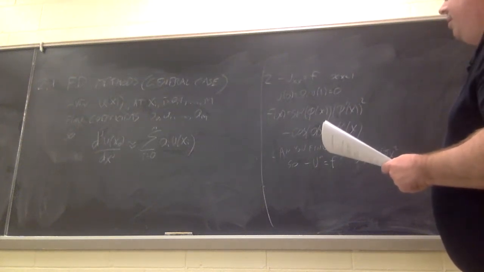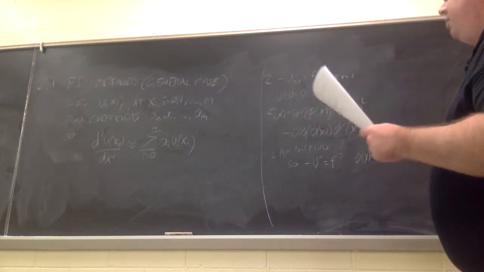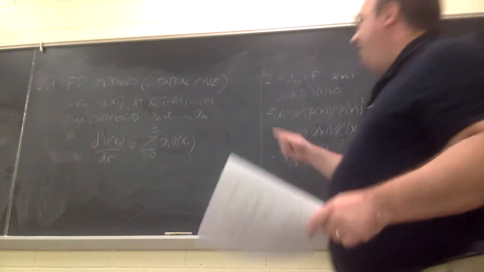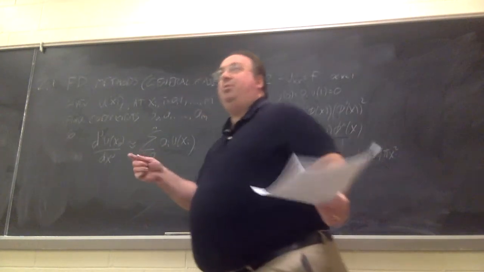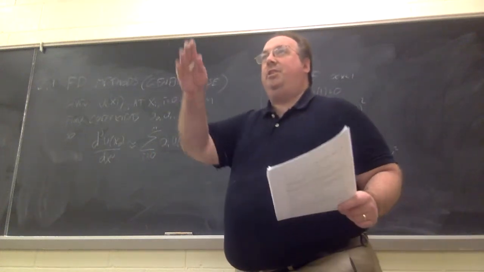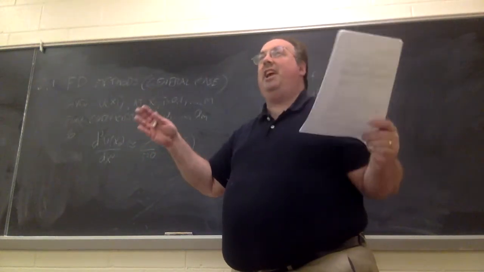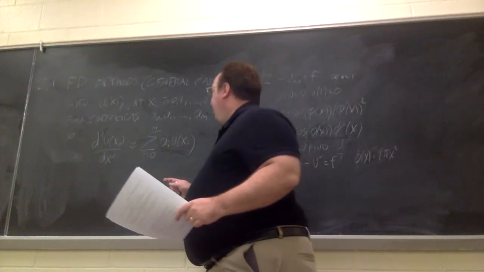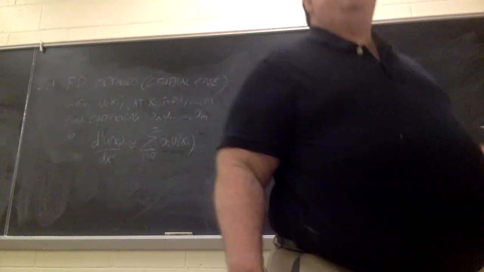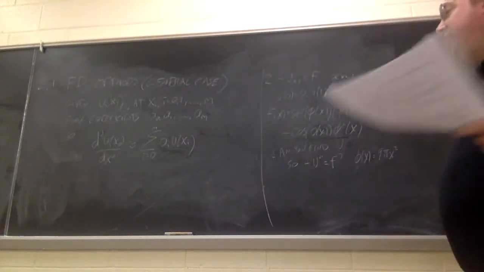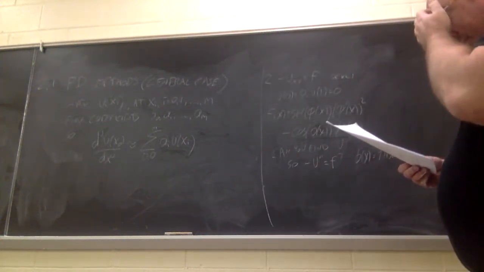Okay, so I showed you in a certain case where we had the second derivative, and I had m equal 2, so I had 3 points. I had x naught, and then a point to the left and a point to the right, like plus or minus h. And I showed how you get those 3 coefficients in that case to get the center difference. But what do you do in general?